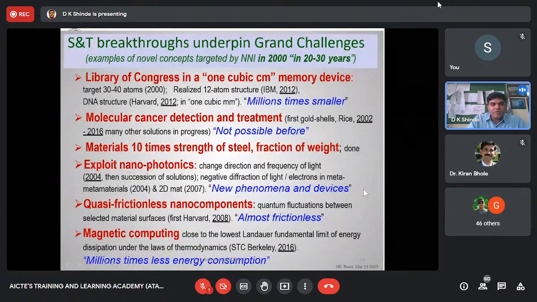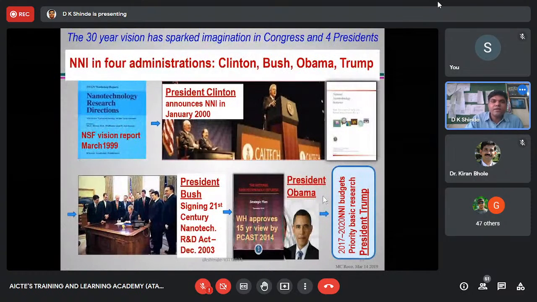Material 10 times higher in strength than the existing material has been developed. Phenomena, the devices are coming with nanophotonics, nano components, quantum fluctuation between the selected material and material surfaces, almost frictionless material are coming in magnetic computing. Also a million times less energy consumption is required.